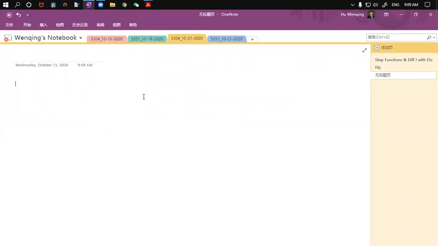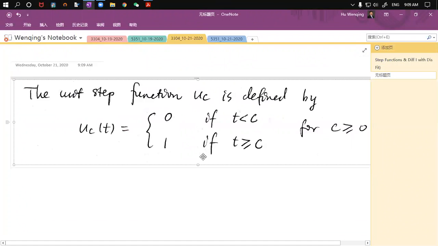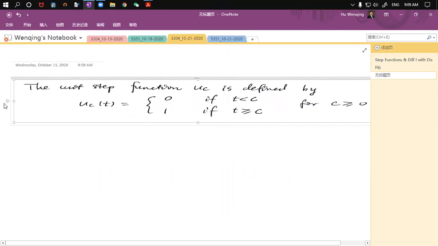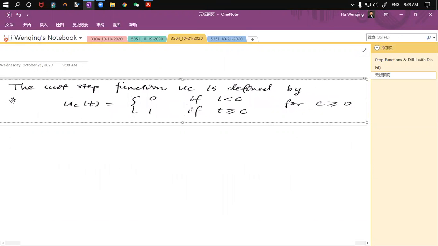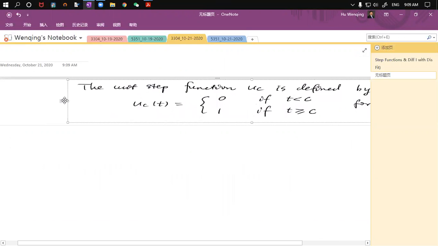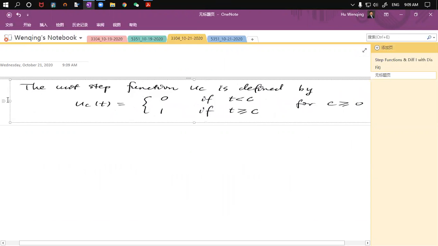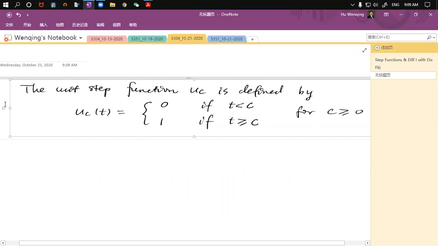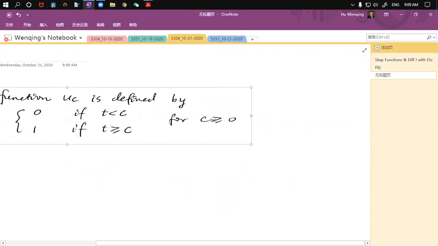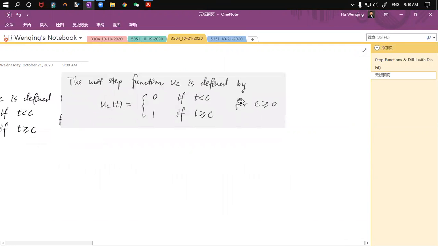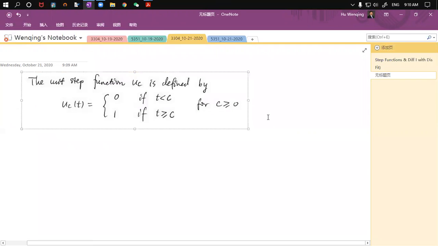That's the definition of a unit step function.